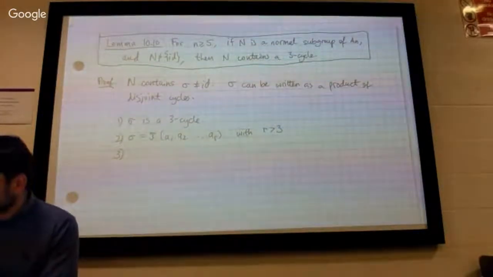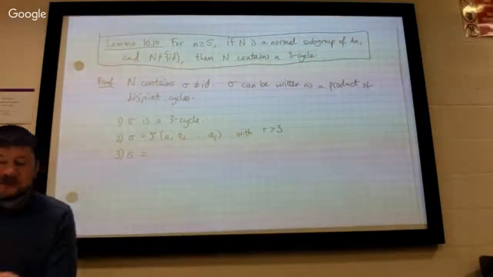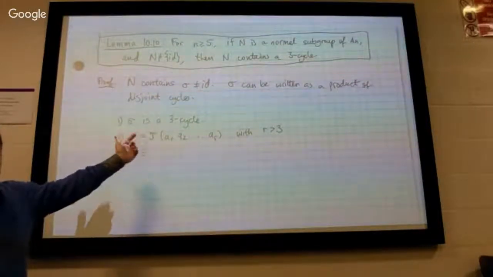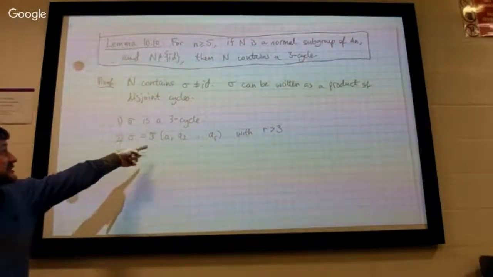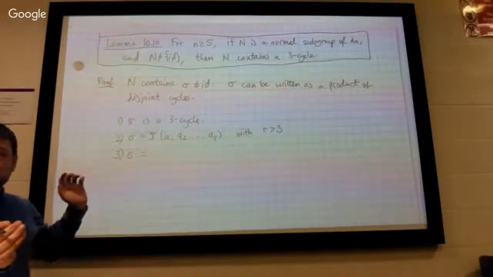Because they're disjoint, it doesn't matter what order you write them in. So this is just that sigma has some cycle that is longer than 3.